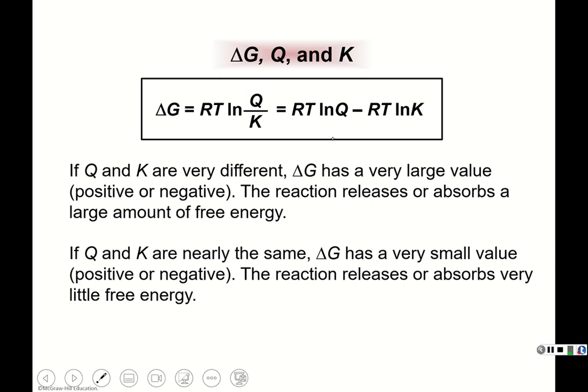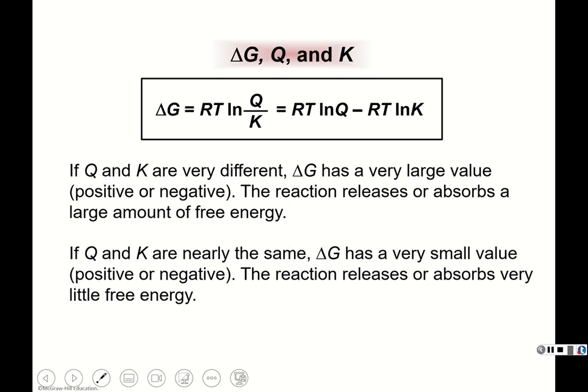You can also express that, if you wanted to break up this ratio, as RT times ln of Q minus RT times ln of K. So if you're doing the algebra on this, this is how you address that.